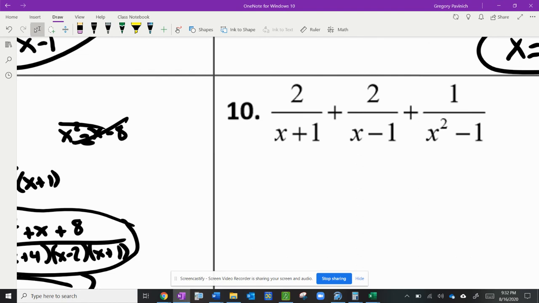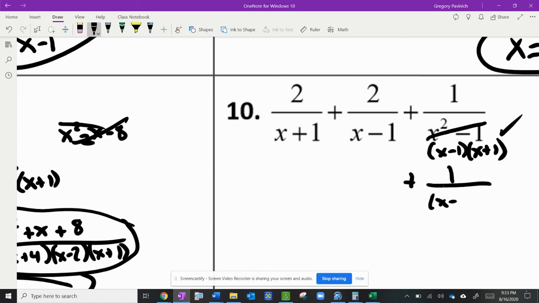A couple more. This one, x minus 1, x plus 1. Okay, so that's going to be the common denominator, right? This one's already got it. It's not going to change. So let me bring it down. This one needs the x plus 1. This one needs the x minus 1.